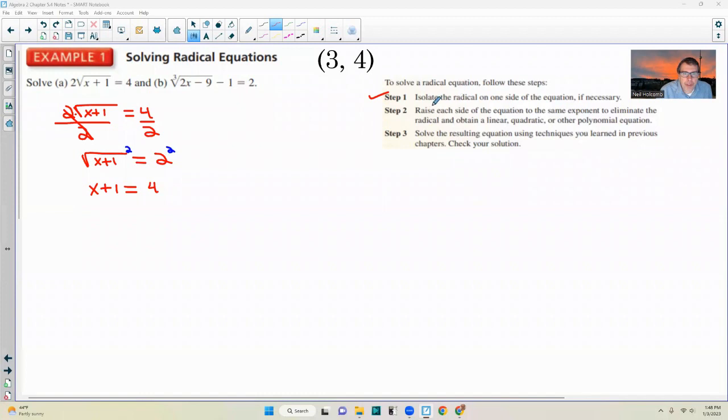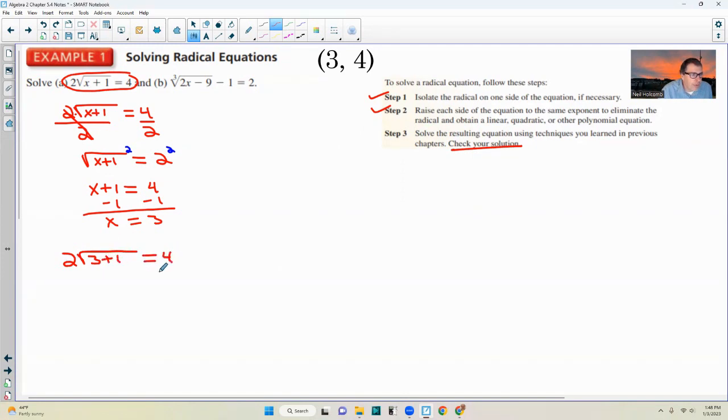All right, so step 2 is done. Step 3 says to solve the resulting equation using techniques you learned in previous chapters and check your solution. So I have x plus 1 equals 4. So obviously to get rid of that 1, I subtract 1 from both sides and I get x equals 3. It says check your solution. So I'm going to put it back into the original equation. I'm going to put 3 instead of the x, so 2 square root of 3 plus 1 has to equal 4.